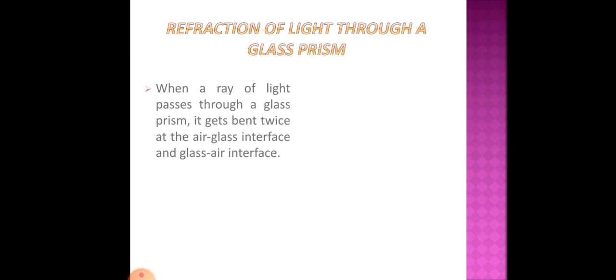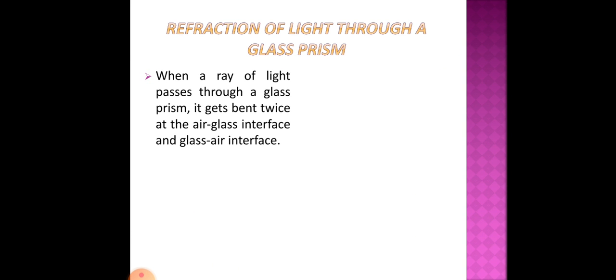When a ray of light passes through a glass prism, it gets bent twice, at the air-glass interface and the glass-air interface. If you remember, in chapter 10 we discussed refraction of light through a rectangular glass slab. It is similar to that only.